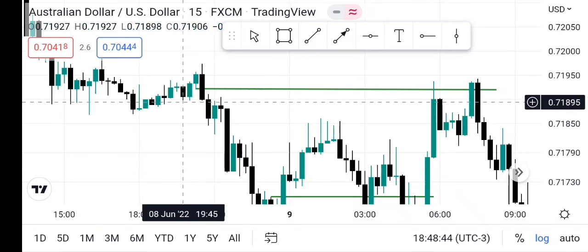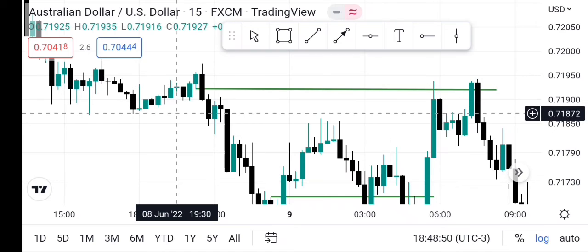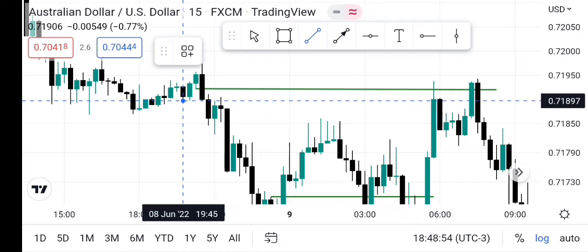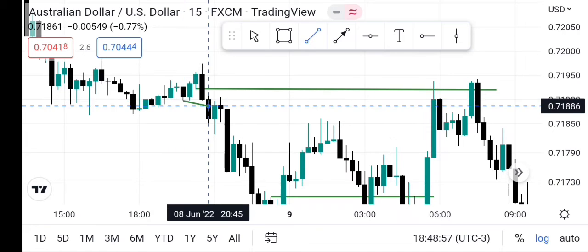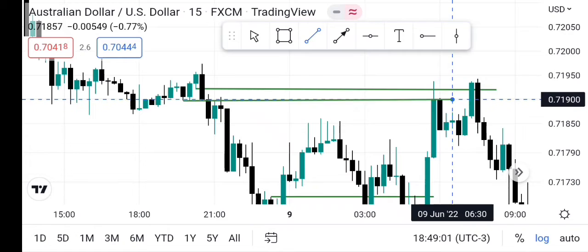Because as you can see, this swing low is close to the low of the candle that makes that swing high. Now if we draw out our trend line, you can see how price reacts to that level.